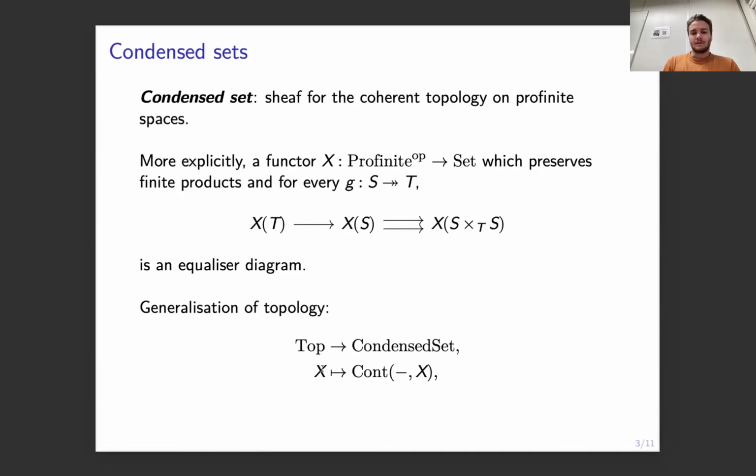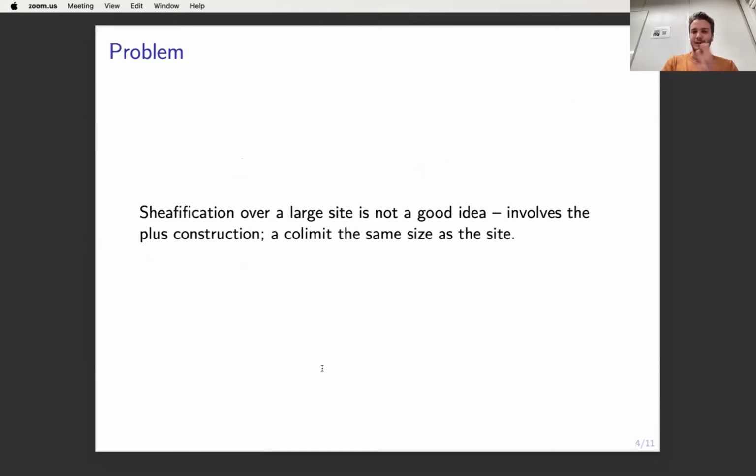Okay, but some of you may have noticed a problem with this definition. When you talk about sheaves, you would like to be able to sheafify, and that's impossible when your sheaves are defined on a large category. I won't go into detail about the definition of sheafification.